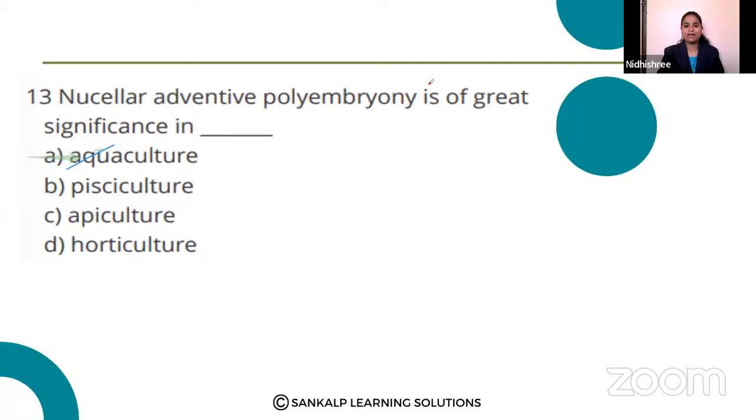We don't have an option E. Okay. What is the meaning of this question? Polyembryony is the condition of having more than one embryo in an ovule. Nucellar, what is it? It is a nourishing tissue. So nucellar adventive polyembryony is a technique.